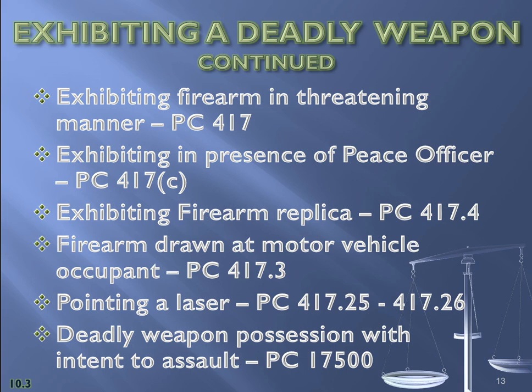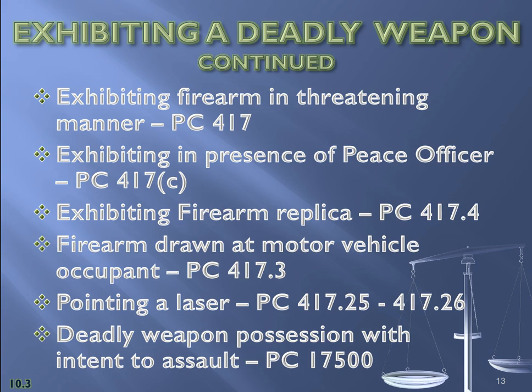Well, there are a couple of other interesting sections there. Firearm drawn at a motor vehicle, meaning that it's brandished or pointed. Pointing a laser, which has its own section. And an interesting one, exhibiting a firearm replica. So section 417.4.